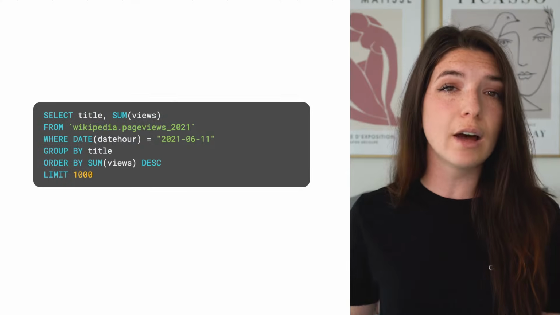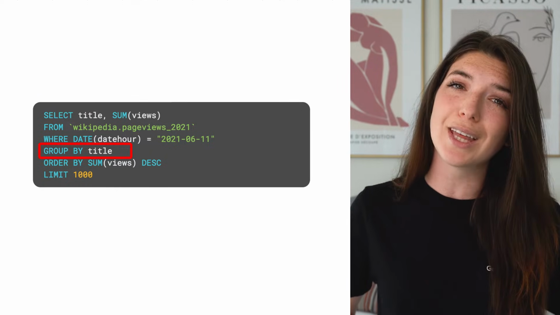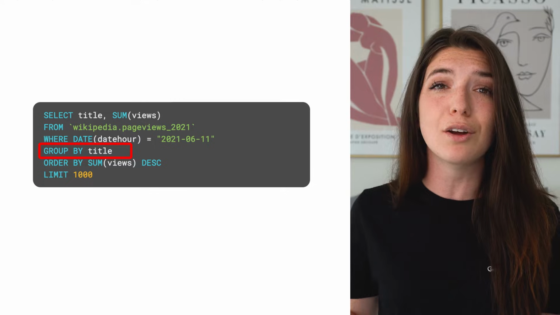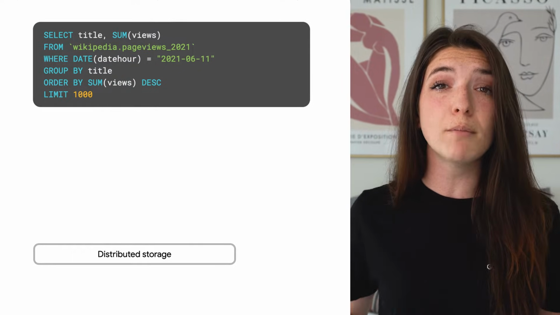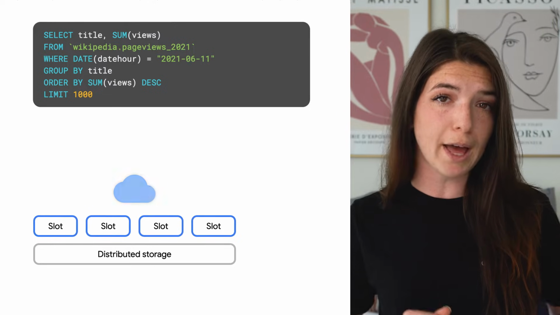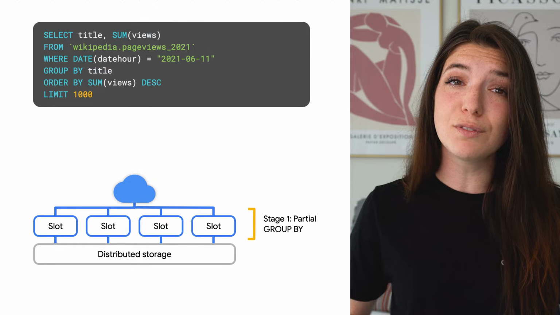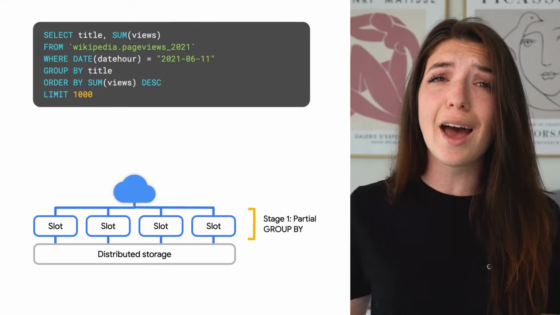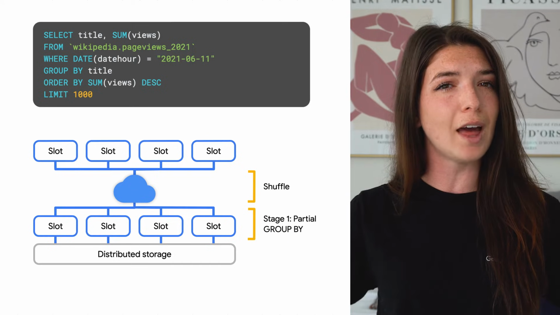To understand how to optimize aggregation queries, let's look at how BigQuery actually executes a query that uses a group by clause. First, the data is read from our storage system, and group bys are done on individual slots. Then, the results from each slot are bucketed using a hash function, such that data from the same key ends up on the same slot.